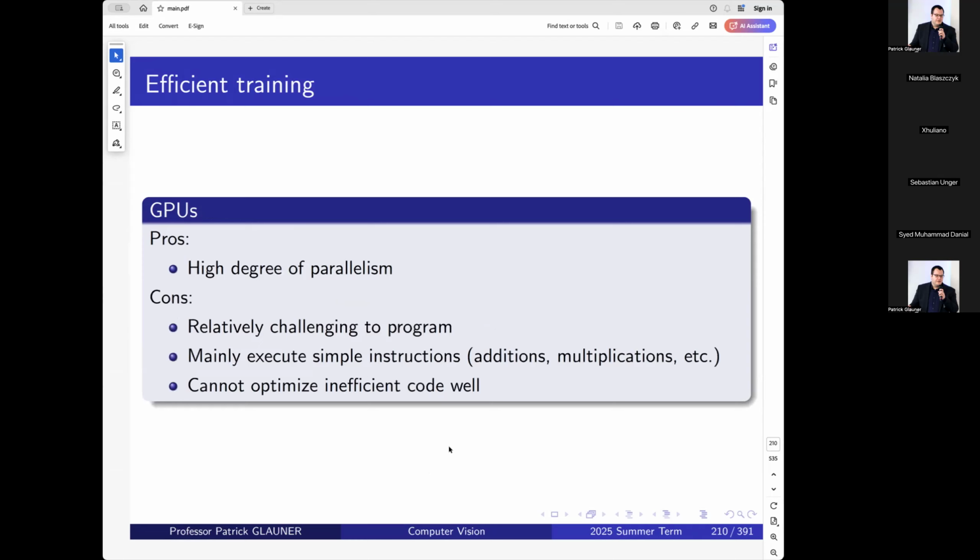So writing code for a GPU is tricky because we need to learn CUDA for NVIDIA or some other library for other GPU vendors. So we maybe don't want to learn how to write code for a GPU, and then the GPU is also not able to optimize it very well for us. So this would take quite some time to learn.